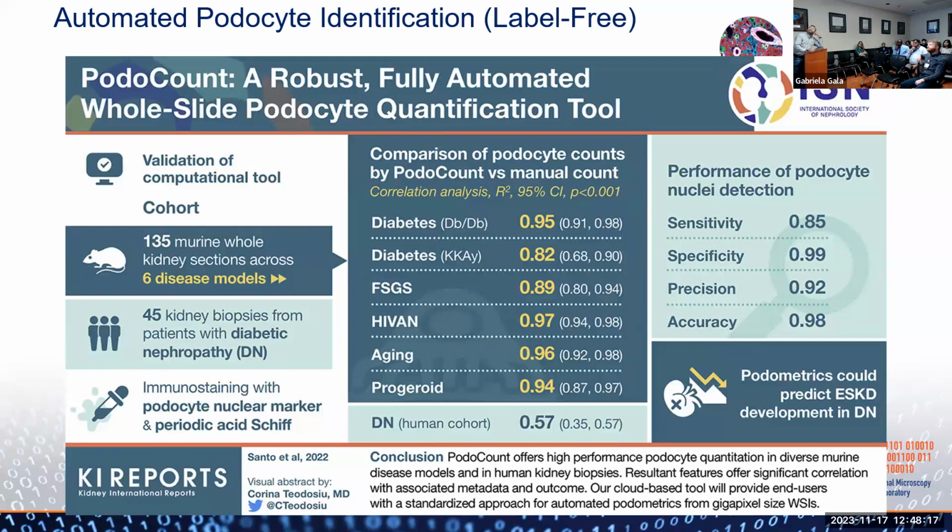It reads label free, but it should be labeled, which is called PodoCount, which we published, where we have shown that we can detect all the podocytes from immunohistochemically stained podocyte images, right? But for us, it's a pretty simple project. But we also have published that.